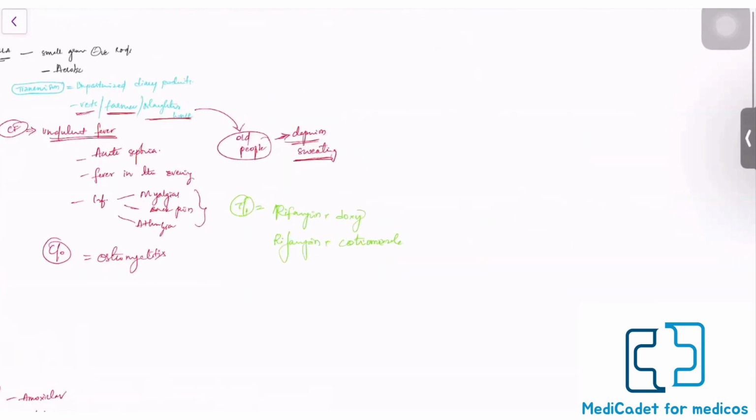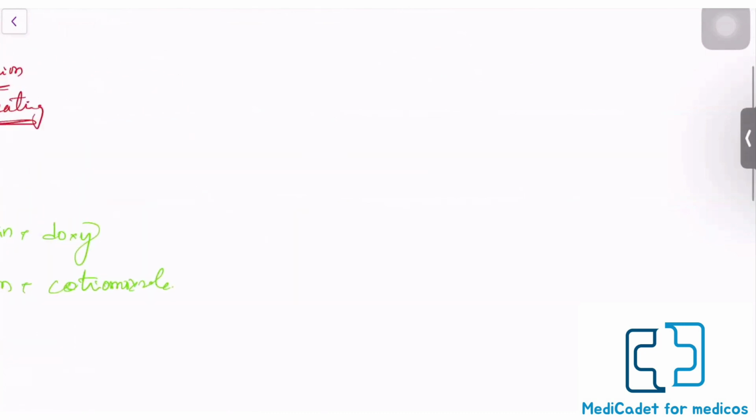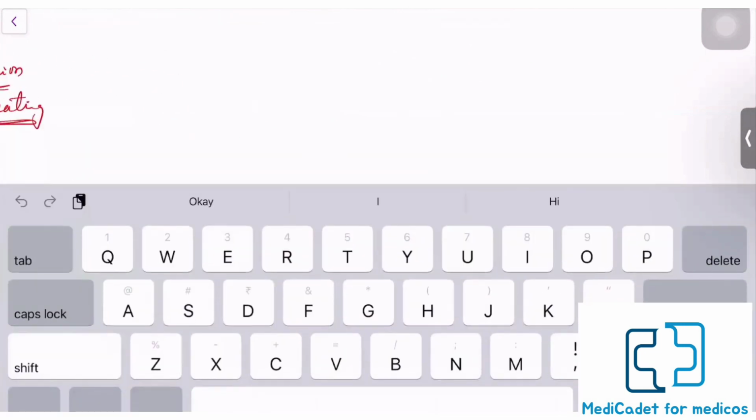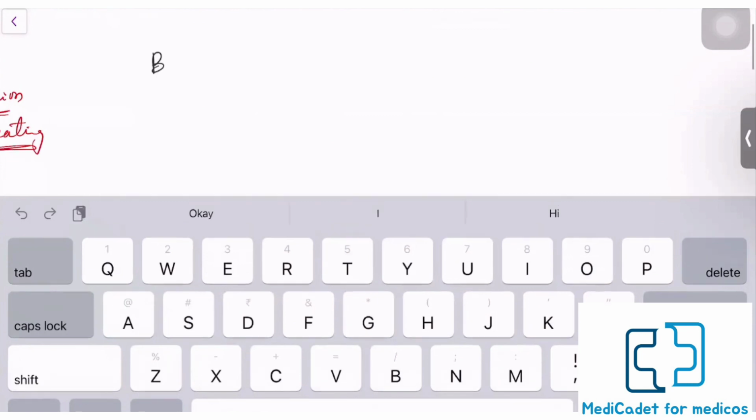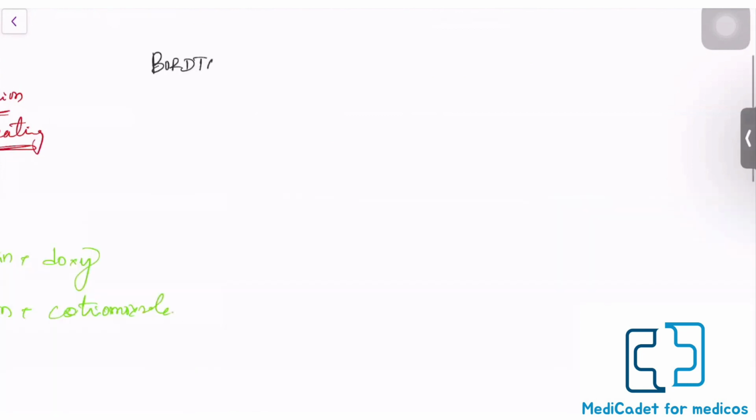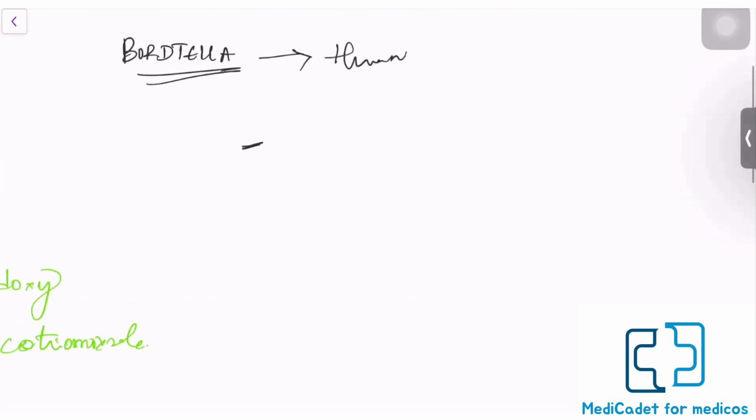Then we'll discuss the third bug, which is Bordetella. This is also one of the board's favorite bugs. Maximum times you'll get one question on Bordetella pertussis. I don't know why, but the board loves this. So where do they reside? They reside in the human oropharynx, and they are grown in a particular agar, Bordet-Gengou agar.